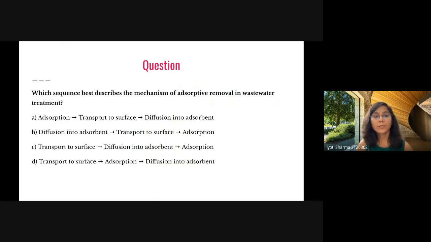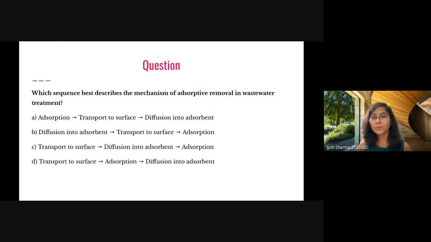Okay. So the next question is, which sequence best describes the mechanism of adsorptive removal in wastewater treatment? And we have: adsorption, transfer to surface, diffusion into adsorbent; diffusion into adsorbent, transfer to surface, adsorption; transport to surface, diffusion into adsorbent and adsorption; transport to surface, adsorption and diffusion into adsorbent.